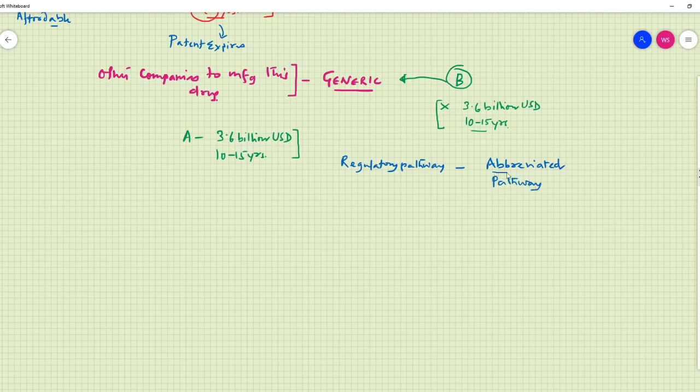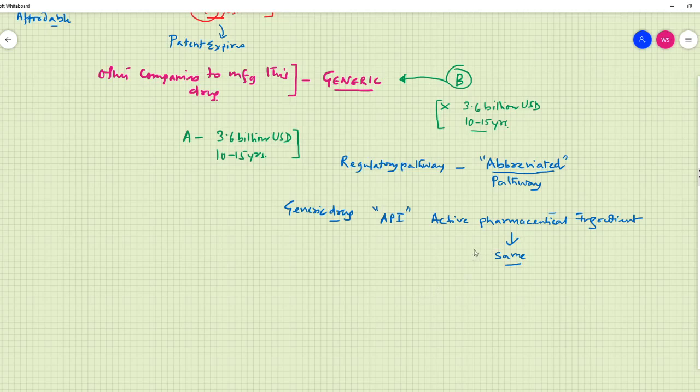Okay, so what does abbreviated mean? Abbreviated means all the tests needn't be done. Okay, so the idea is, when a company makes a generic drug, the API, or the active pharmaceutical ingredient, is same.